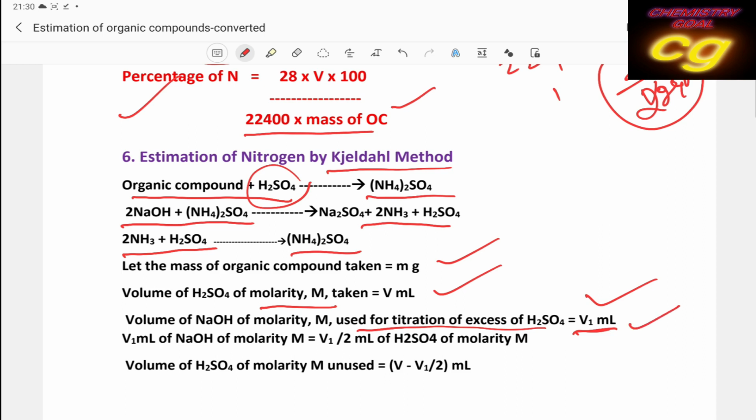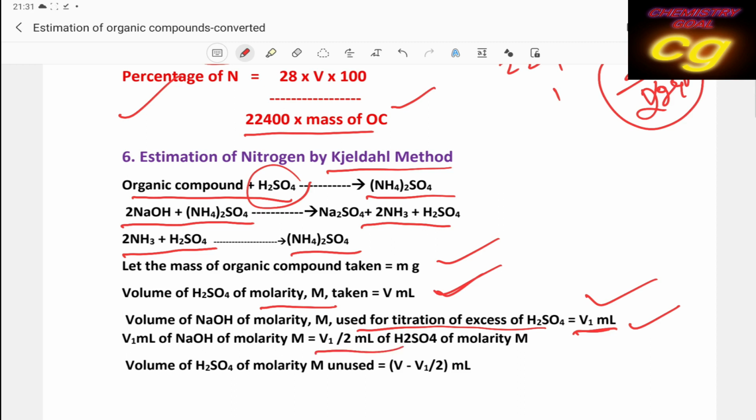So this is the V1 mL, the volume of sodium hydroxide. But already we have taken the volume of sulfuric acid V mL. Now, if V1 is the volume of sodium hydroxide used, what will be the volume of sulfuric acid for the reaction?